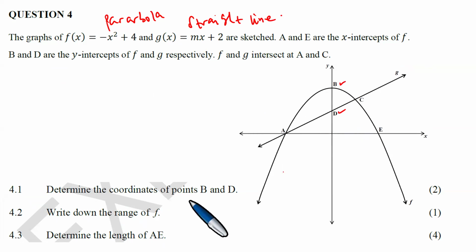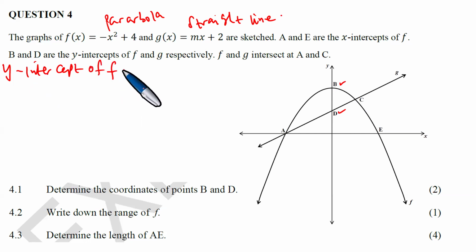What is B? B is called the y-intercept. So B is the y-intercept of the graph f. How do you get the y-intercept? To get the y-intercept, you let x be equal to 0.